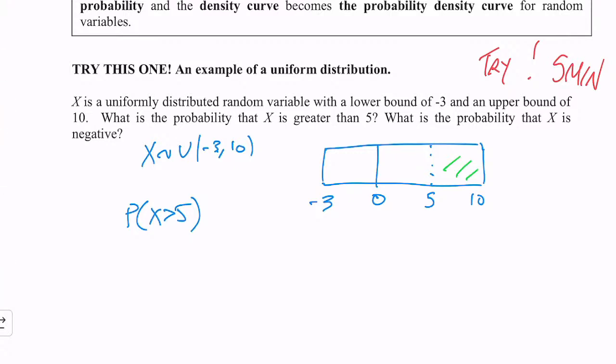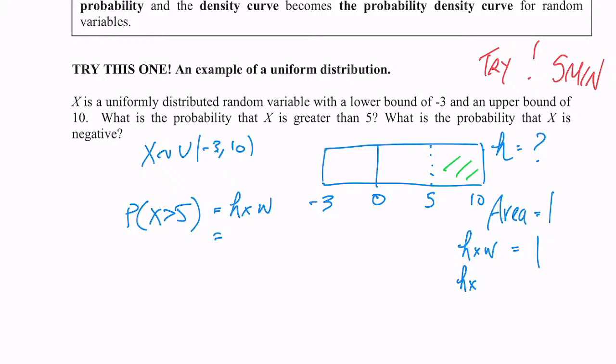So the probability x is greater than 5 is equal to height times width. And what is the height? Well, the entire area should be 1. The area is made up of the height times the width of the entire density.